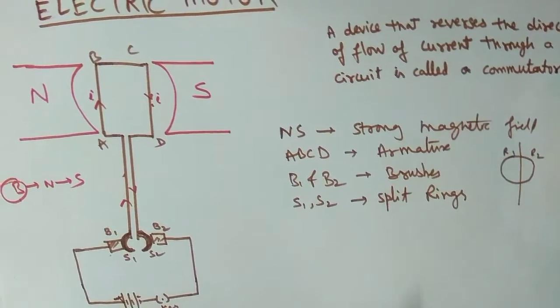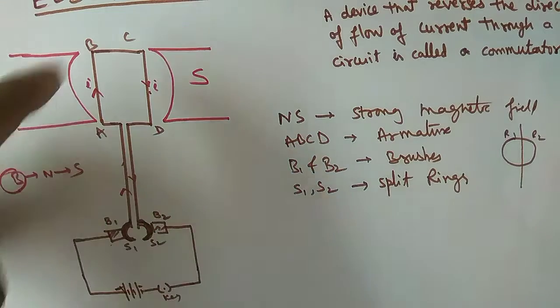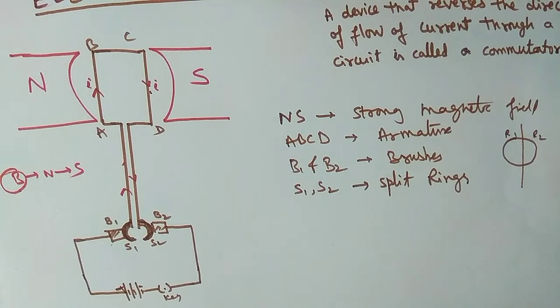So what will be the direction of the magnetic force in the arm AB?